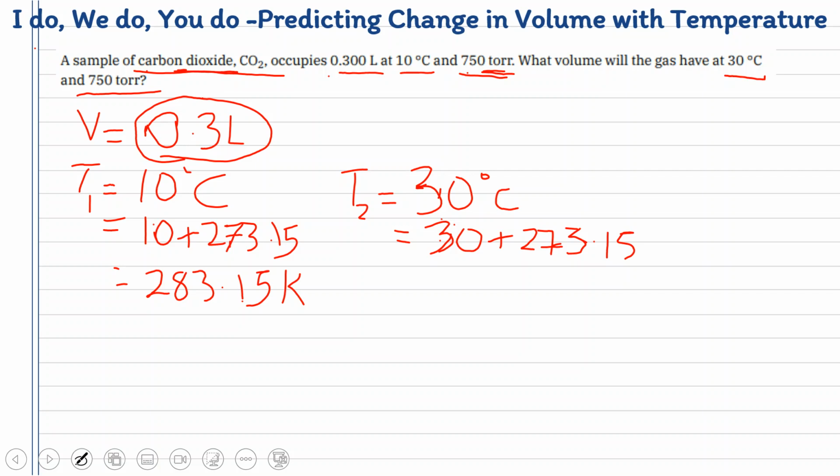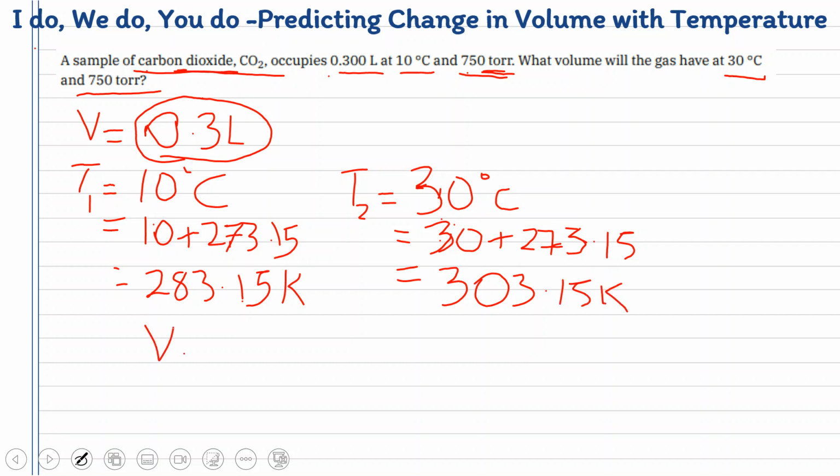Great. Then now, what will be our answer? It's going to be 303.15 Kelvin.